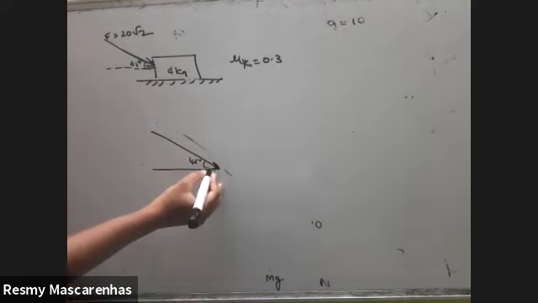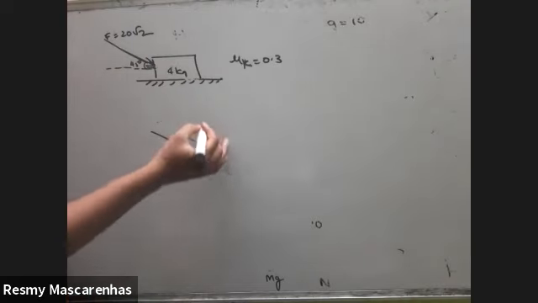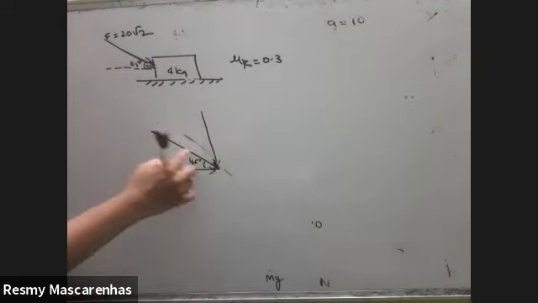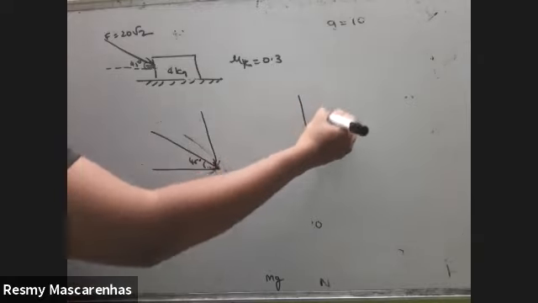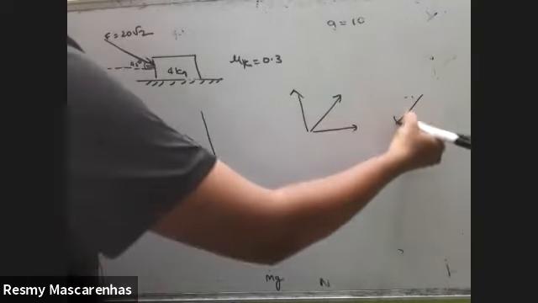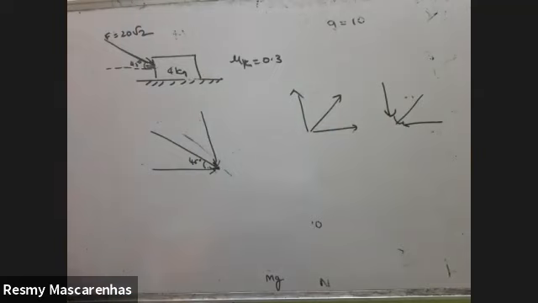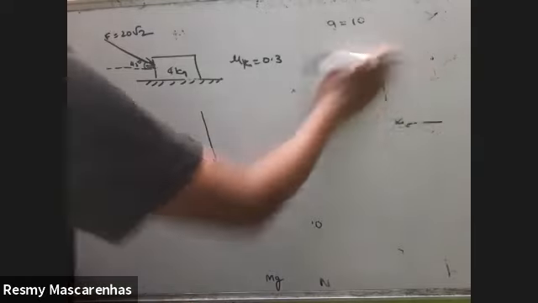So one horizontal, the components are always towards your arrows, okay. If the arrow is moving like this, it would be like this. If the arrow is going out, then these are also going out. If the arrow is coming in, then these are also coming in. This is one way to calculate this.